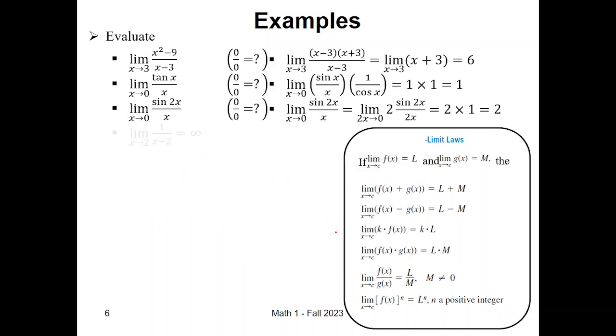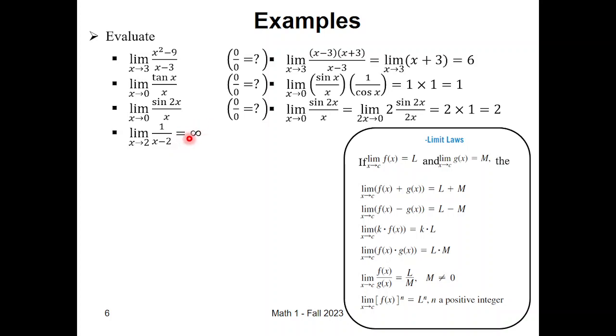If you consider another example, if we have the function 1 over x minus 2 as x tends to 2, in this case, by direct substitution we find it is 1 over 0. This means that this function increases without bound when x approaches 2. So we say in this case the limit equals infinity.